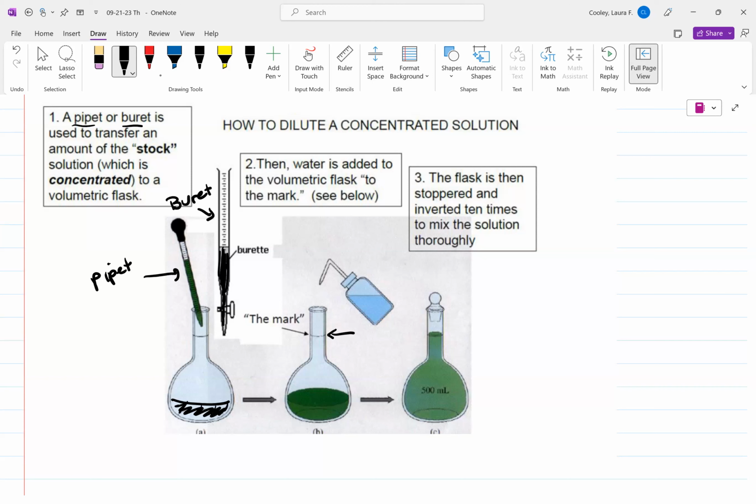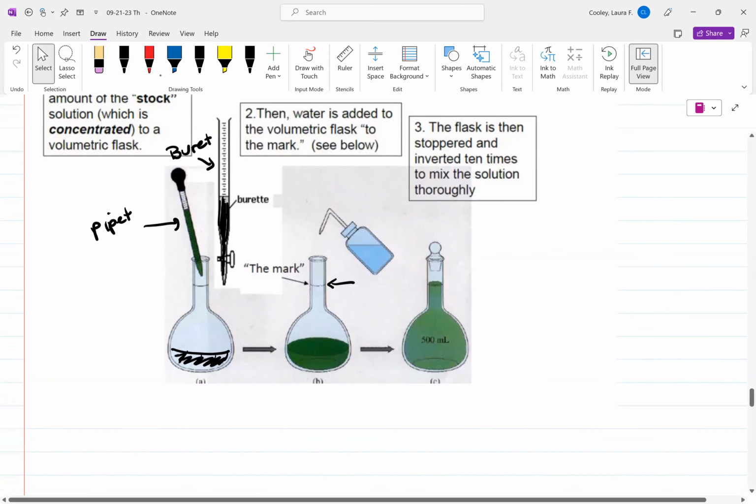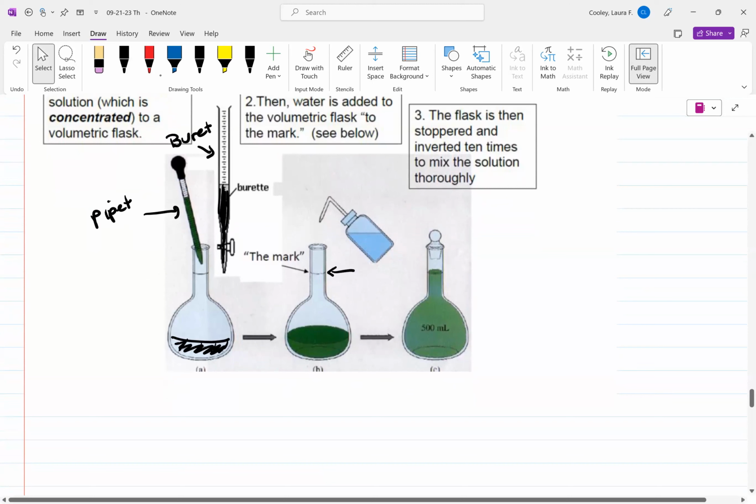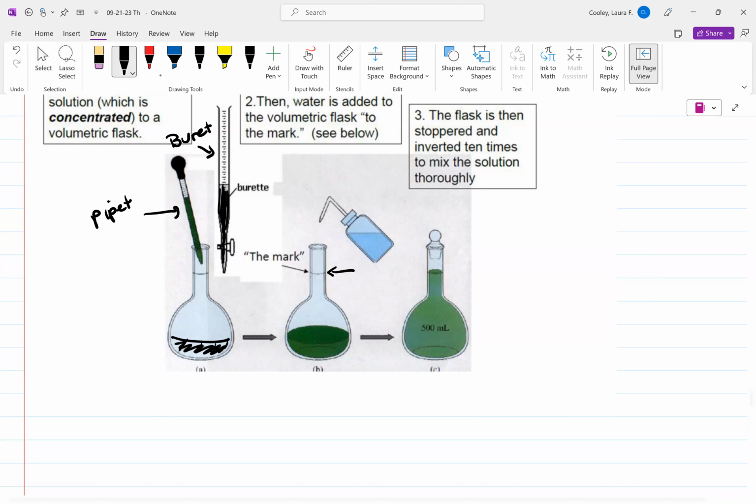Most of the time we make solutions that are clear, so it's not going to give you any hint that it's been diluted. You have to know what you did. But basically, the idea is you put your stock solution into a volumetric flask, you add water to the mark, you stopper it and you invert it literally 10 times upside down.